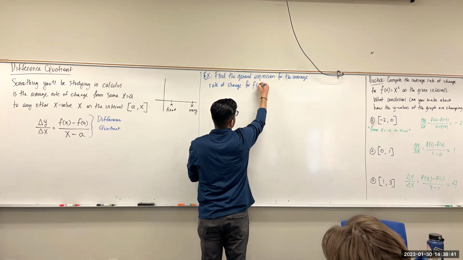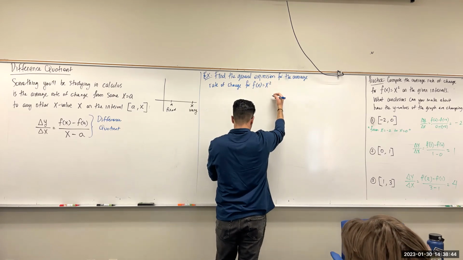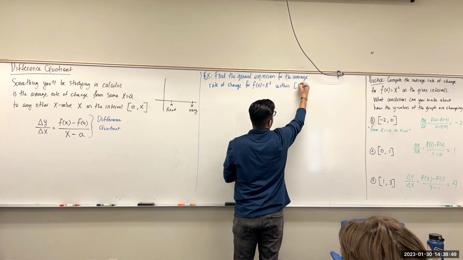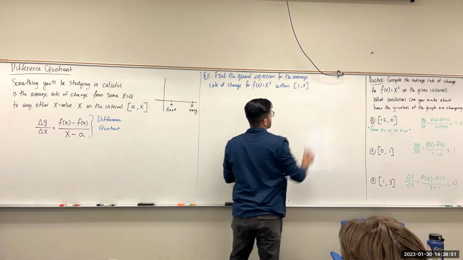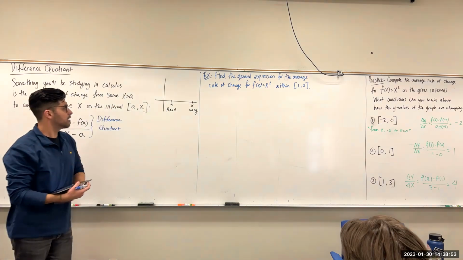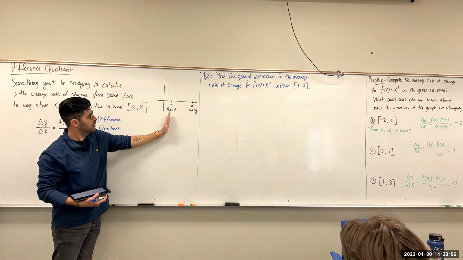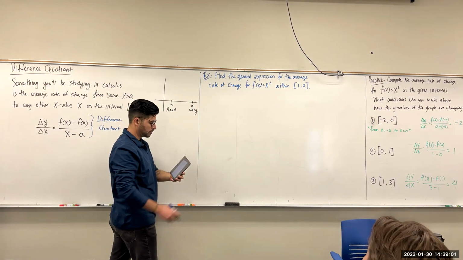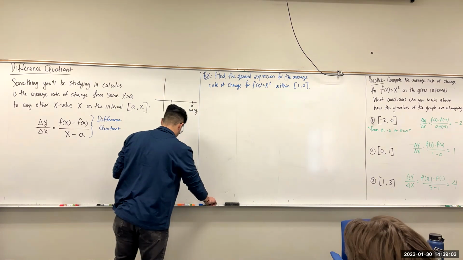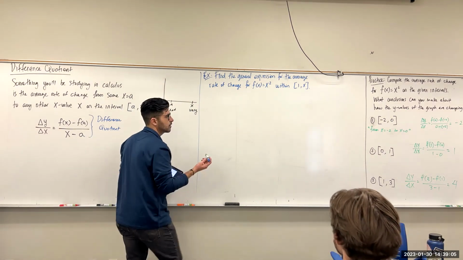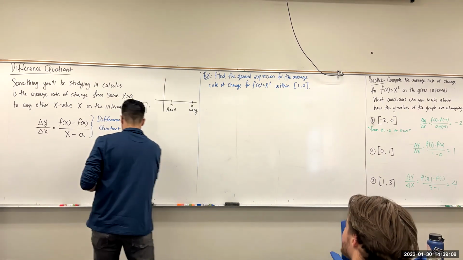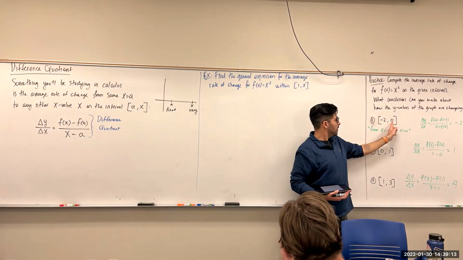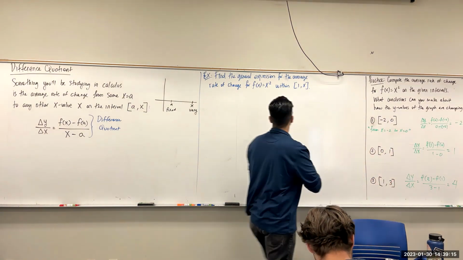For the function, so for f of x equaling x squared within the interval 1 to x. So we're gonna fix our starting x value at 1, and we're gonna let the second x variable vary. So we're gonna do exactly what you guys just did, except that this ending value stays at x.